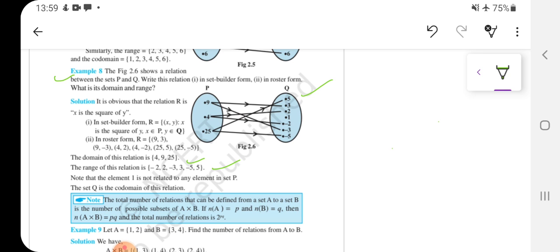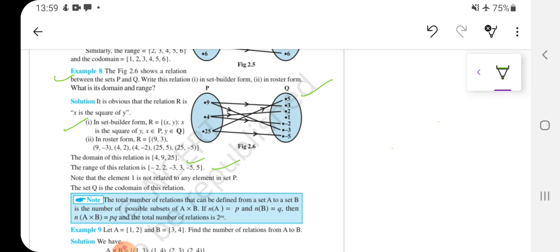So from here you can get one idea that the first element of the ordered pairs x and y, first element x will be what? Y's square. So here you can see that relation in set builder form, R is what? x comma y, such that x is the square of y, right?